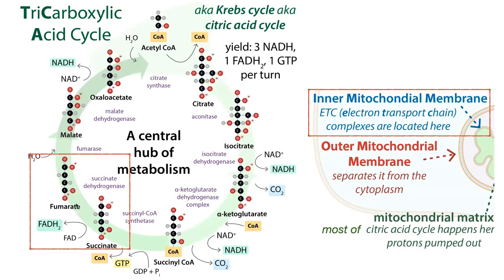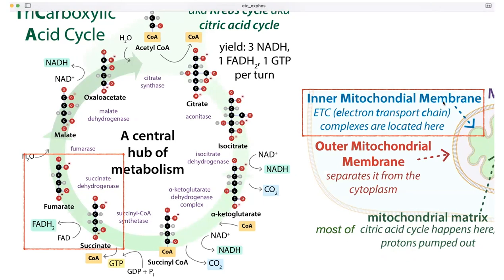When we made the FADH2, this was actually happening in that inner mitochondrial membrane. So most of our citric acid cycle was happening inside of the matrix, but this step was actually happening in this inner mitochondrial membrane. This way, we have the electrons directly passed into the electron transport chain at this step.